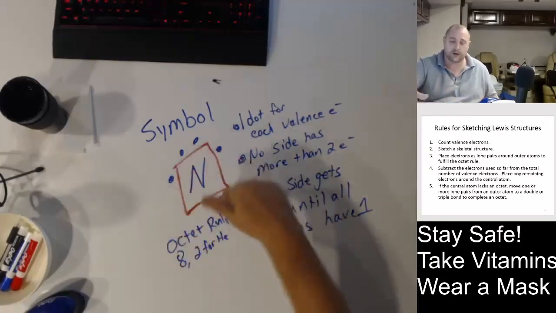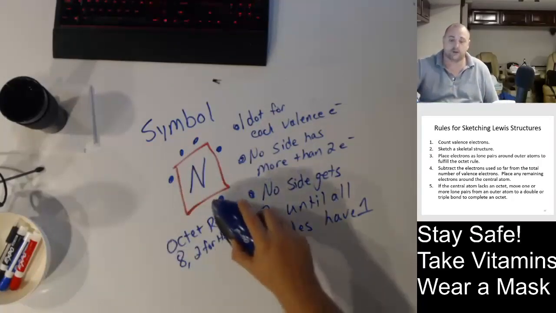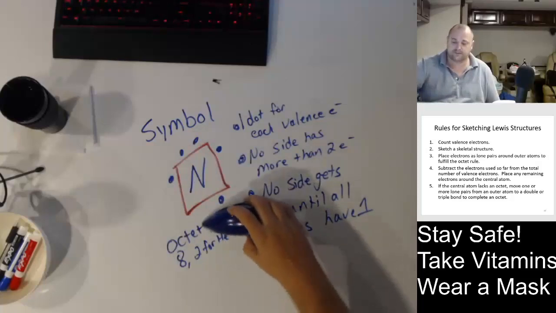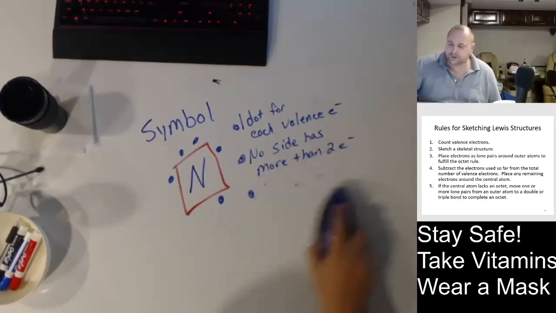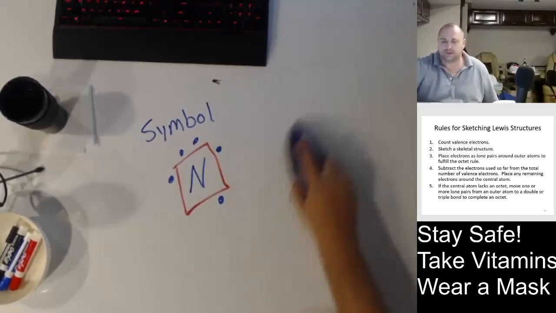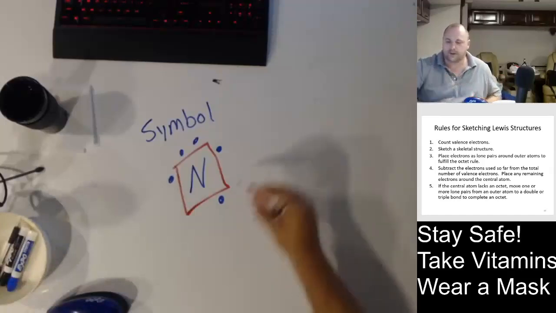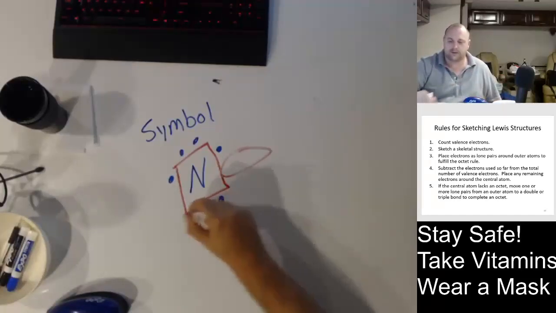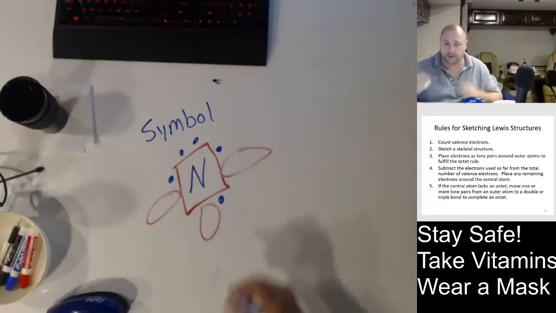It's trying to get a full outside layer, or there's a secret way of getting to this. You can empty the outside layer. So this is my symbol. Now, what does it tell me? Well, it's got all kinds of information in here. For one thing, it's got an empty spot here, an empty spot here, empty spot there.